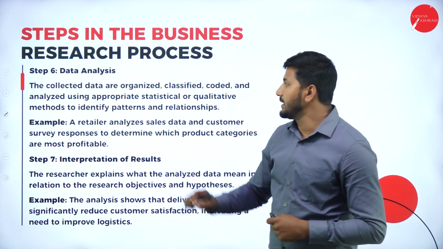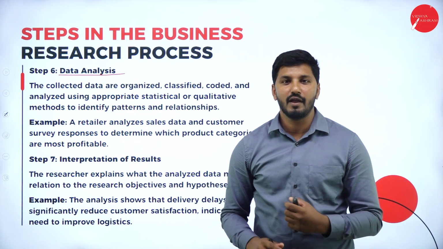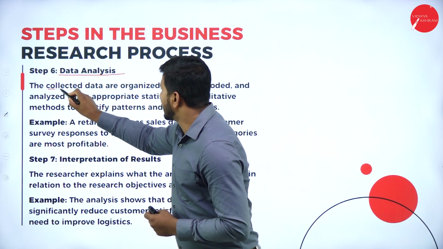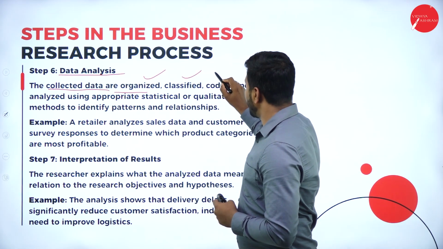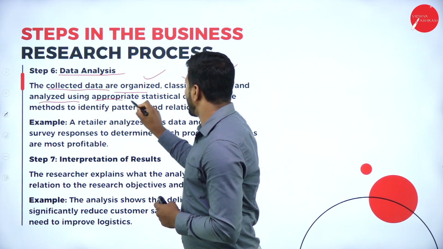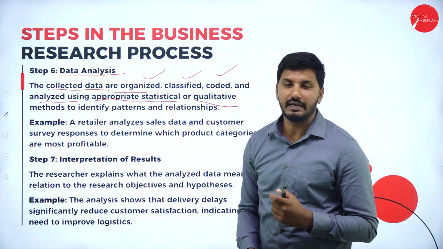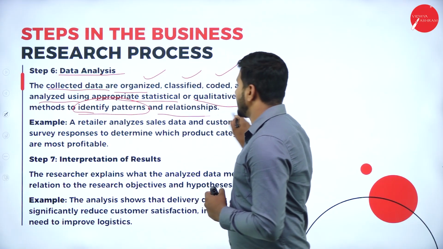The next step is data analysis. After the collection of data, we have to analyze that data. In this, the collected data are organized, classified, coded and analyzed using appropriate statistical or qualitative methods to identify the patterns and the relationships.